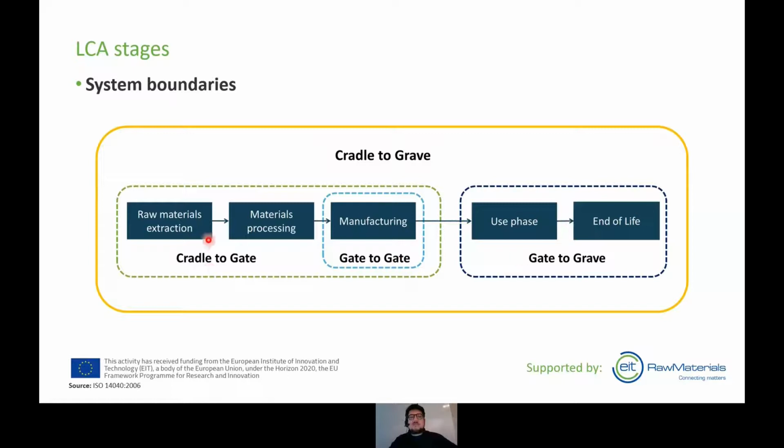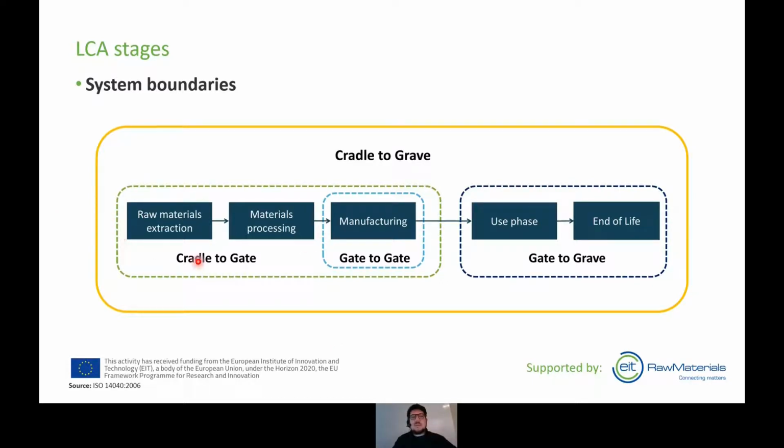It's really important to define what kind of steps we will take into account. It can be as big as we want, for example, from the cradle to the grave, which is from the raw materials extraction until the end of life, or even cradle to cradle, where some output can go back as a raw material in the same value chain.